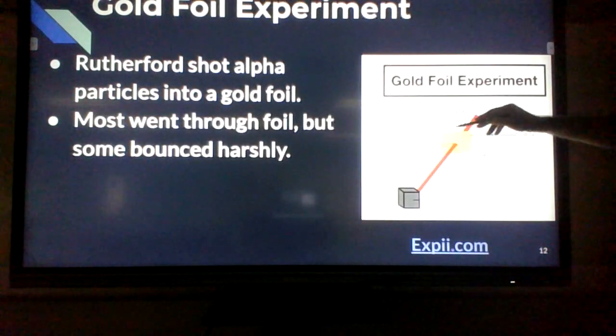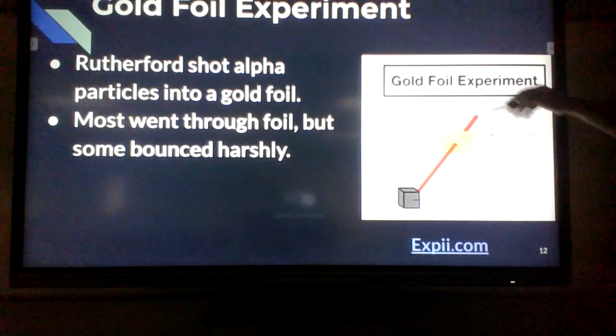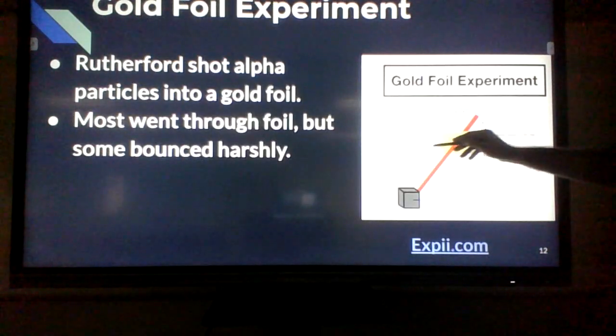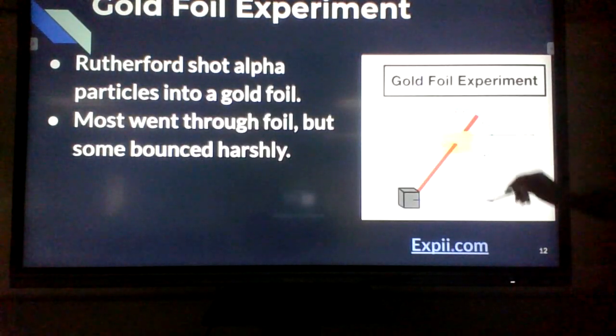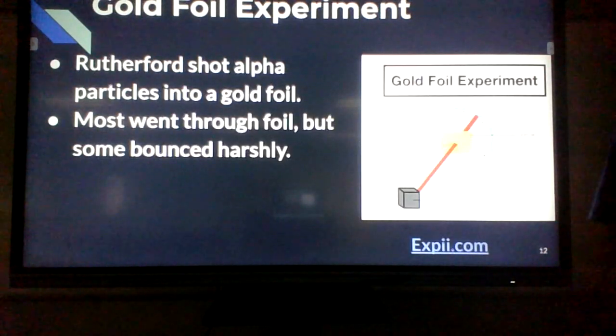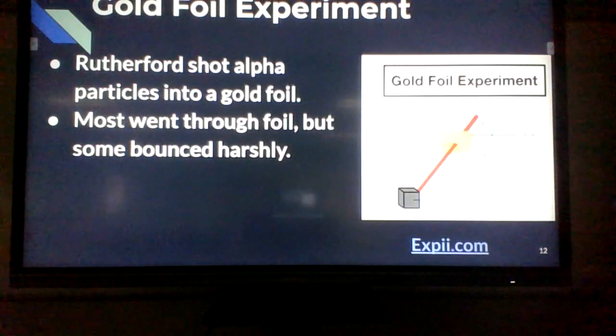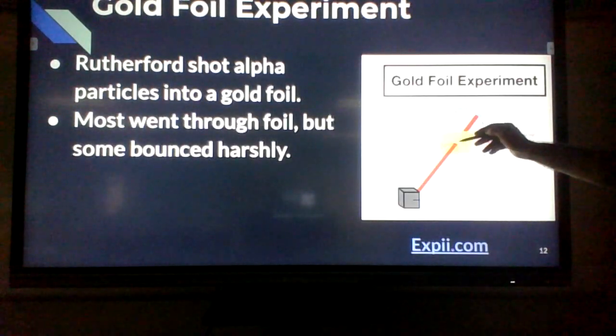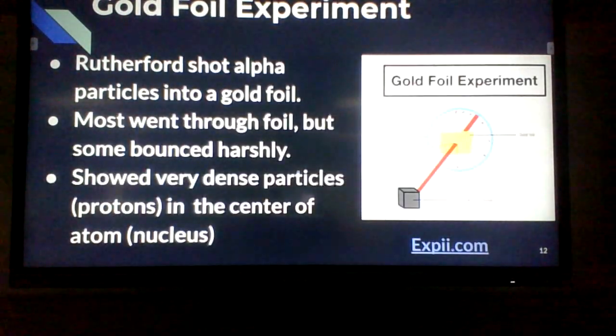Most of them, again, went through the foil without being hindered in any way, but some bounced off pretty harshly, hit hard like throwing a golf ball up against a concrete wall. Our walls in the classroom are made of concrete. If I threw a golf ball off that, that ball's going to bounce off and probably come back to us almost as hard as we threw the ball in. So there has to be something that's deflecting these alpha particles away.